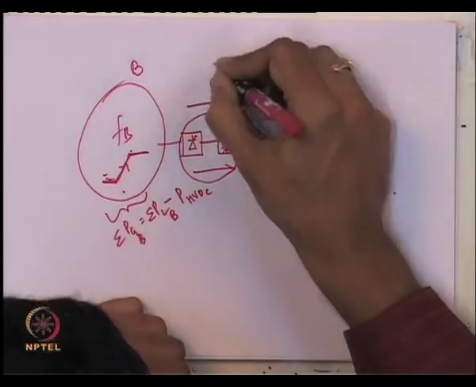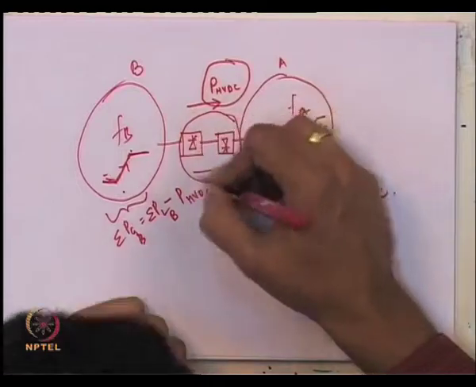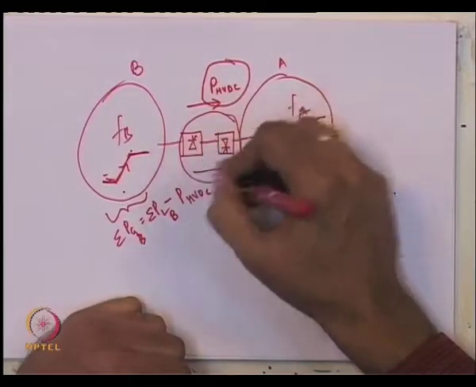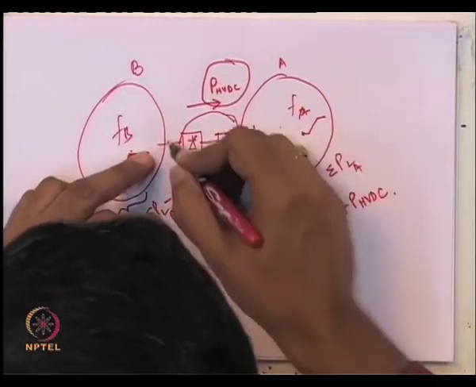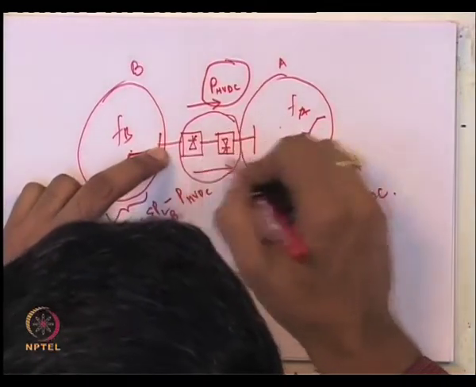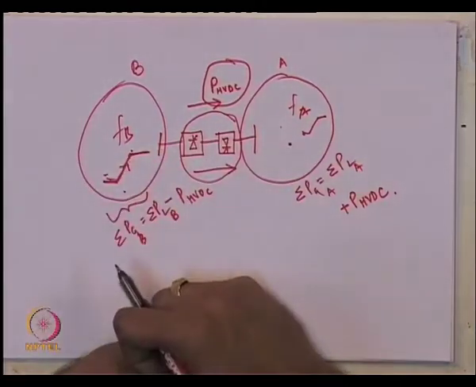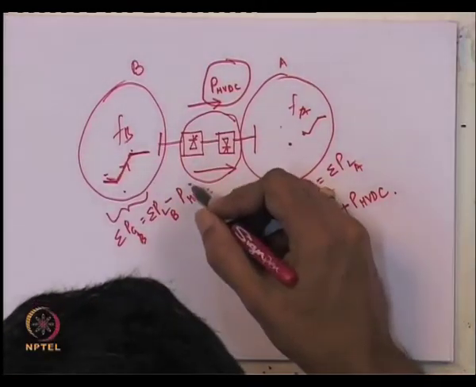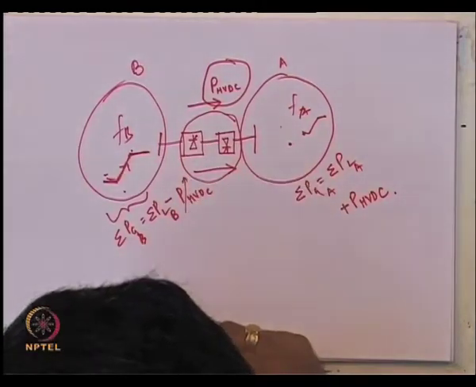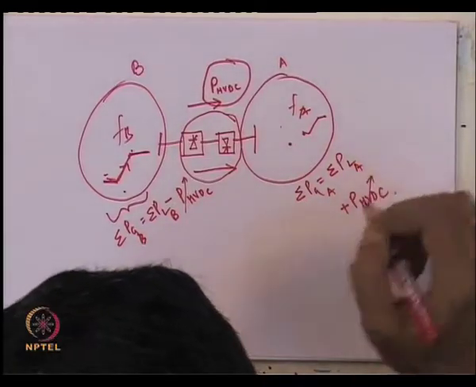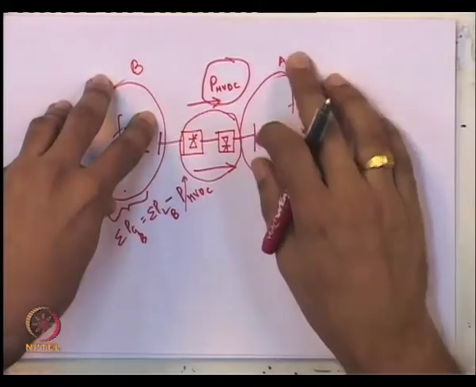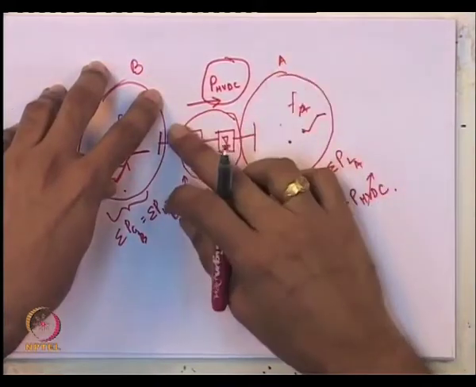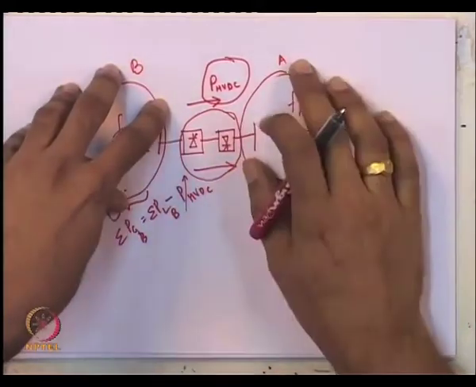Remember, P HVDC is completely controlled locally by the rectifier and inverter, because you have firing angle control. So, in some cases you can change HVDC power and control the frequency, but you cannot do independent frequency control in both regions. If you change the HVDC power, this will get affected and this will get affected.